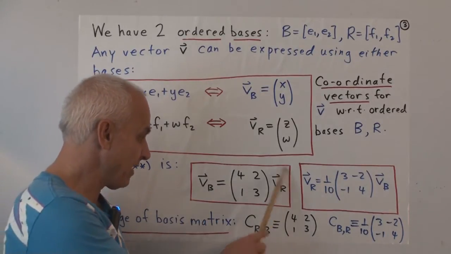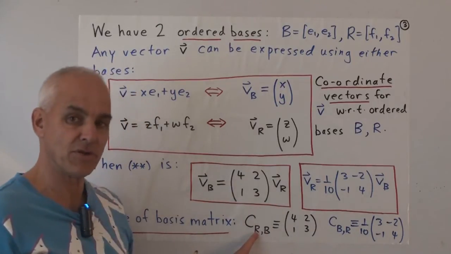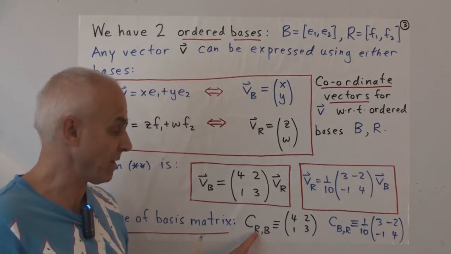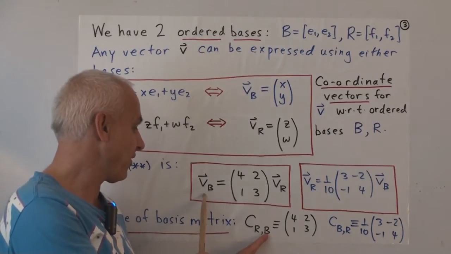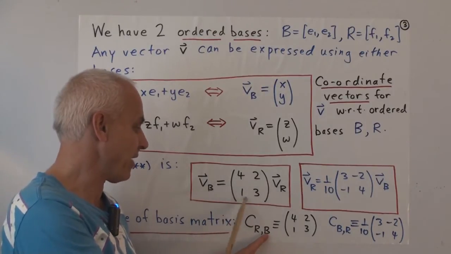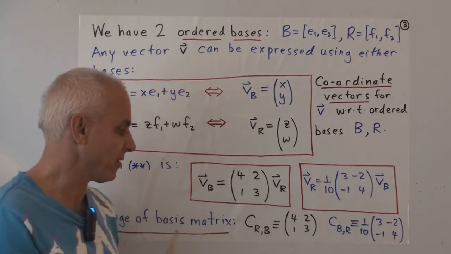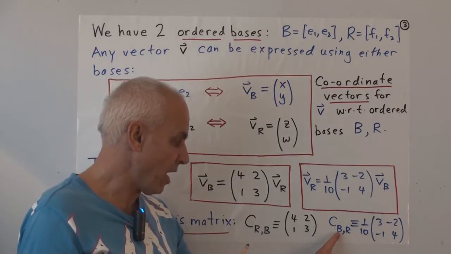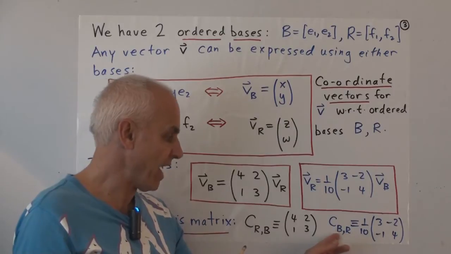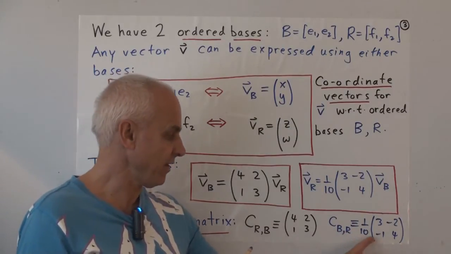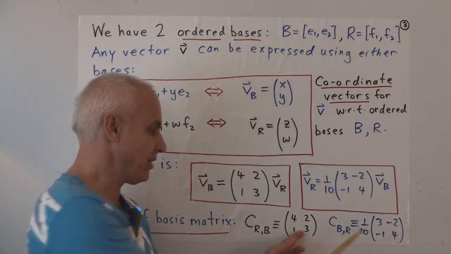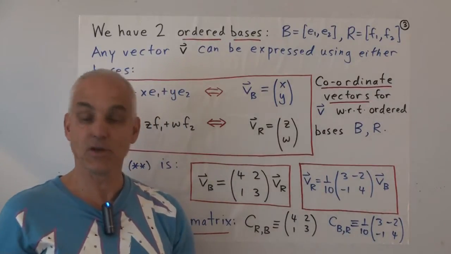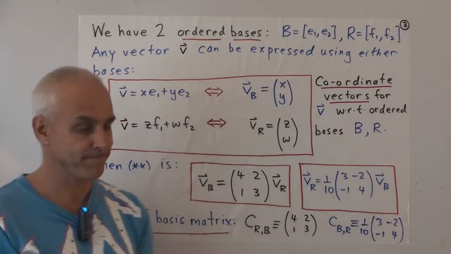In other words, given Rachel's coordinate vector for something, we get Bob's coordinate vector by multiplying by this matrix. And the other way around, C_BR going from Bob's to Rachel's, that change of basis matrix is this one here. And these two change of basis matrices are inverse matrices.